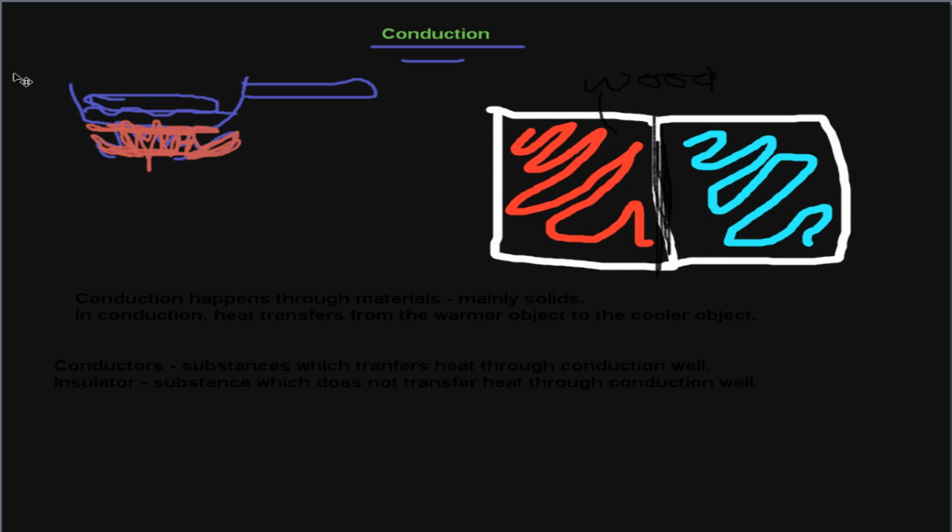Sorry. So I can draw, say, an iron bar, or a copper bar. It's a good conductor because denser materials like metals have tightly packed atoms. When one part is heated, the atoms gain energy, as we said in the kinetic theory, and knock into other atoms, passing on the heat energy.